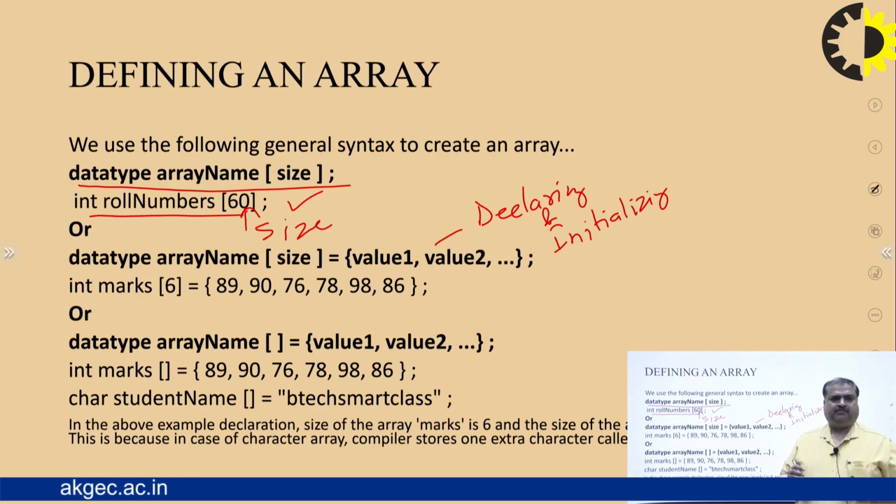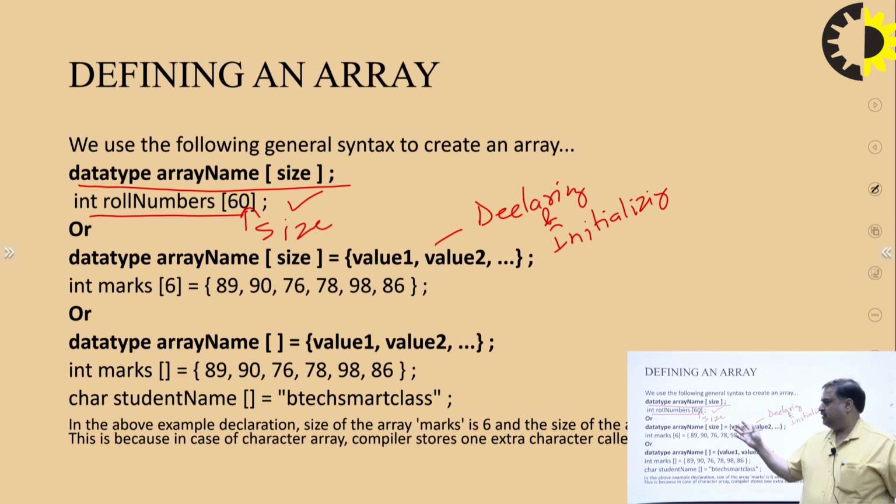Like if I have declared an integer array, every 4 bytes will have some sequence of 0s and 1s, and that will evaluate to some number. So, that will become a random number or a garbage value.